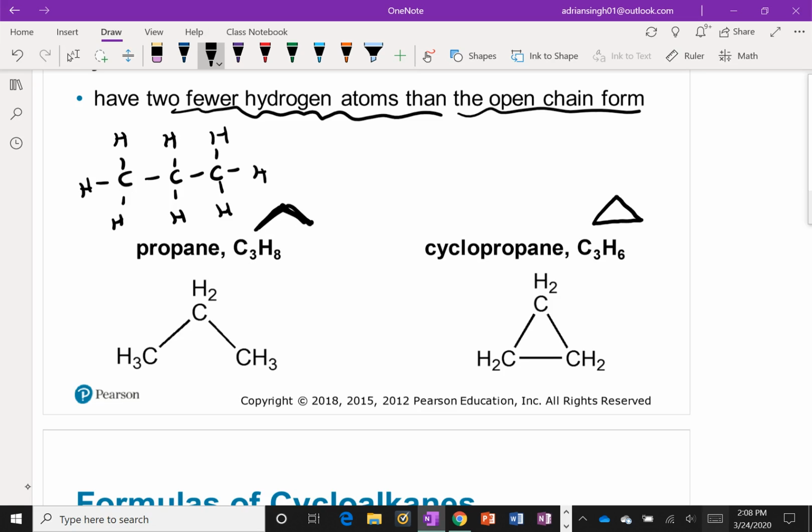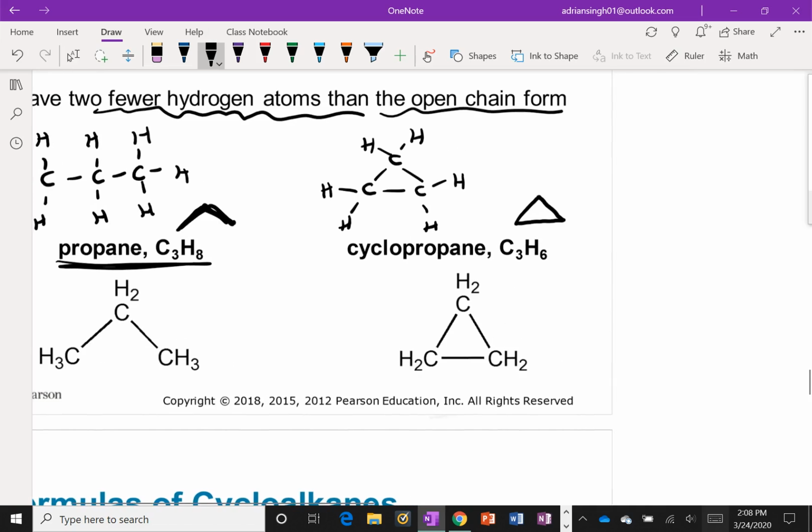We just close the loop to make a ring structure. If we were to draw the expanded structural formula for cyclopropane, it'll look like this. So we lost 2 of those H's because we made a new bond between 2 of those carbons. So propane would be the straight chain form, and now we have a ring structure.